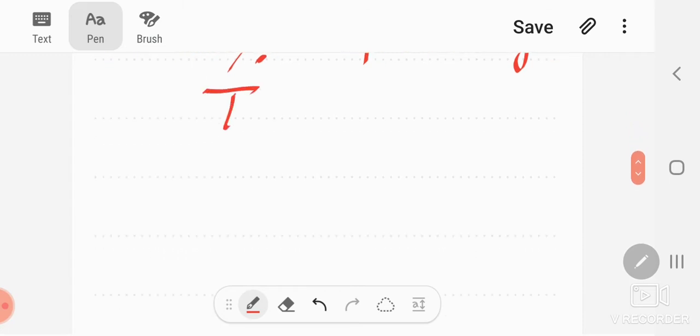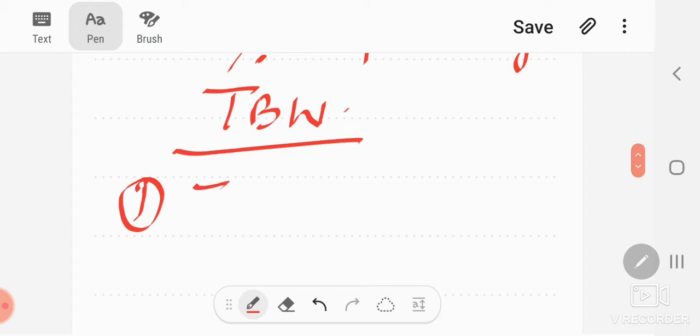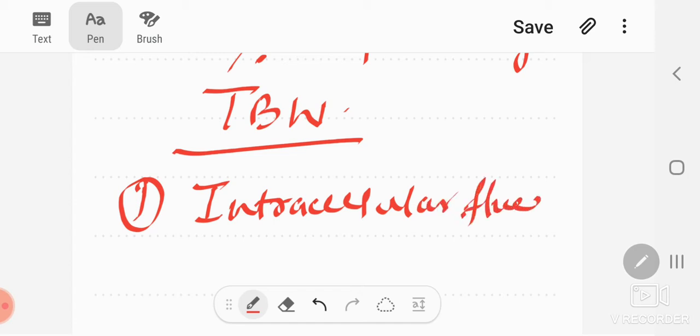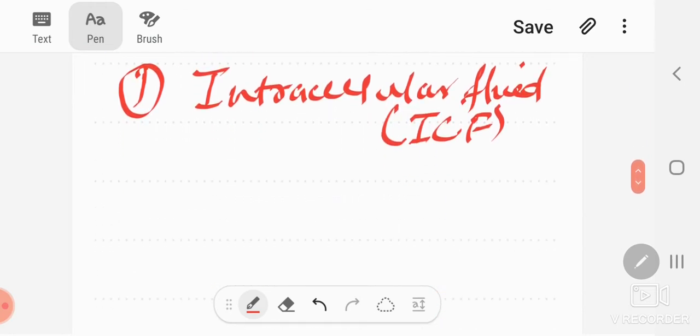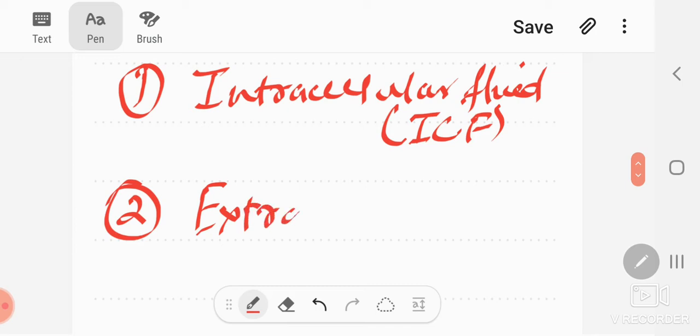The total body water can be divided into two compartments. One is called intracellular fluid, or the ICF. This is the amount of water that is present within the cells, and extracellular fluid.